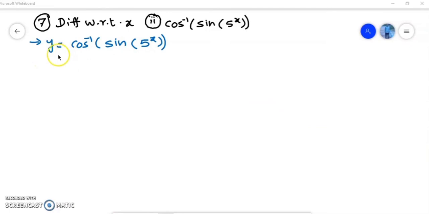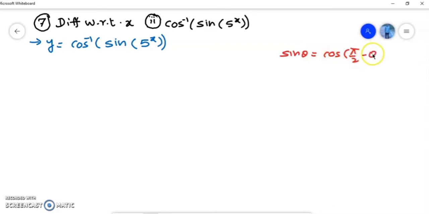Now differentiating this, you need some other property to remember here. Here we have cos inverse of sine of something. We require cos of something. Yes, cos inverse of cos of 5 raised to x would have been fine, but cos inverse of sine of something is not okay. So what we do is we write this sine. You can see sine theta is cos of pi by 2 minus theta.